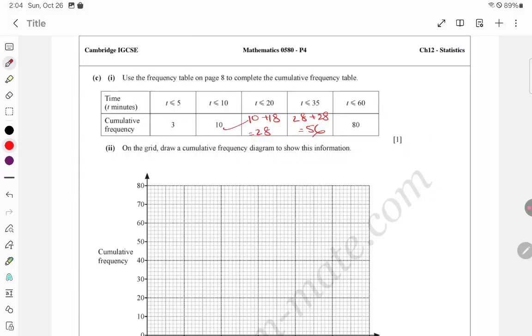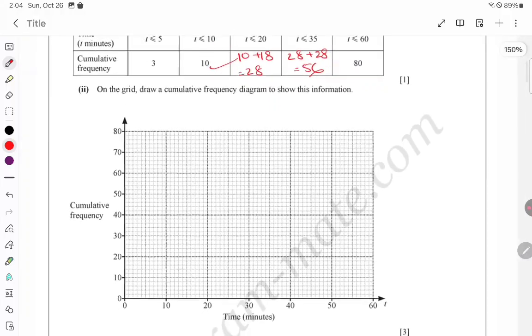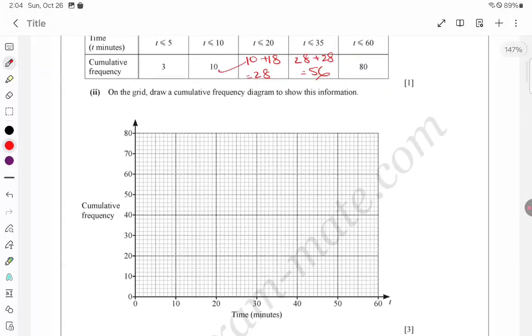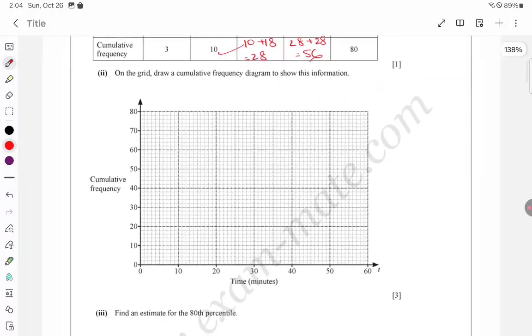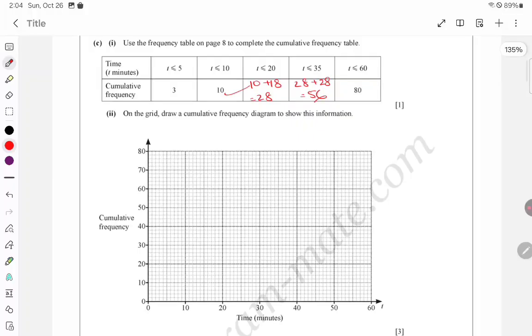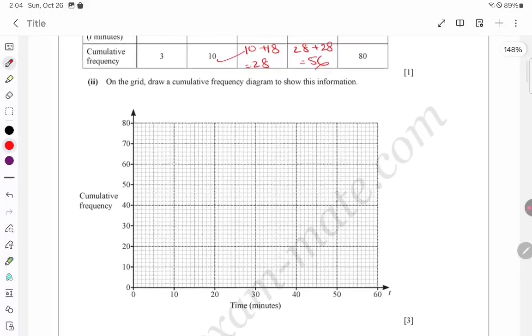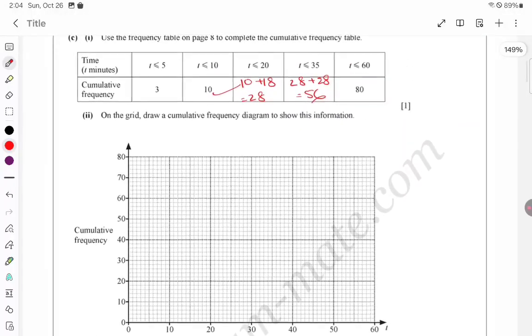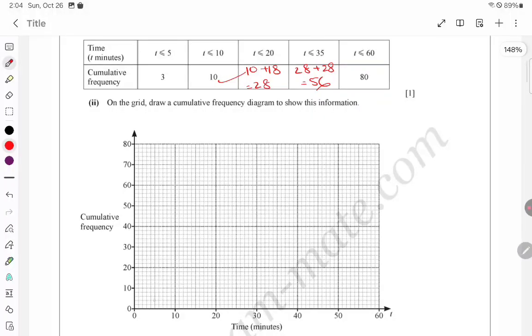Now we completed the table. On part 2, on the grid, draw a cumulative frequency diagram to show this information. For this, simply put the values. For 3, the time is 5, somewhere here. And at 10, the cumulative frequency is also 10.